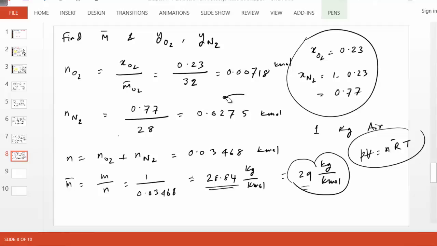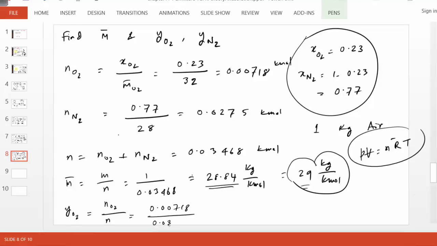To find the mole fraction of oxygen, oxygen over total mole, we have already calculated both of them, 0.00718, and the total mole was 0.03468, and that gives us a mole fraction of 0.207, which is approximated to be 0.21.